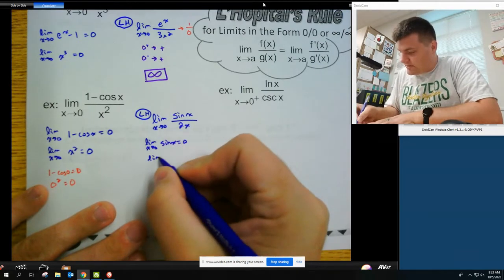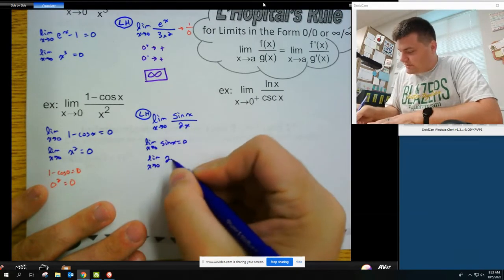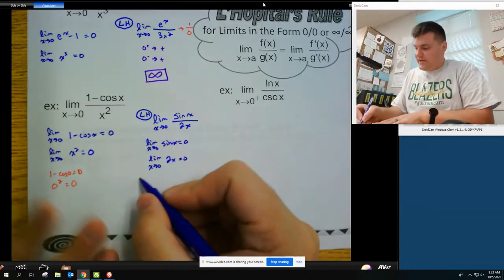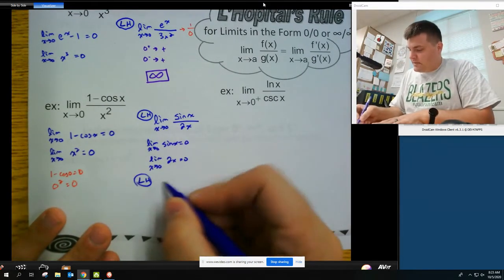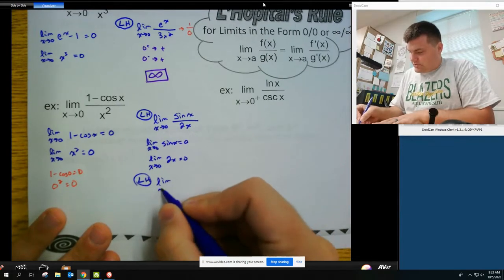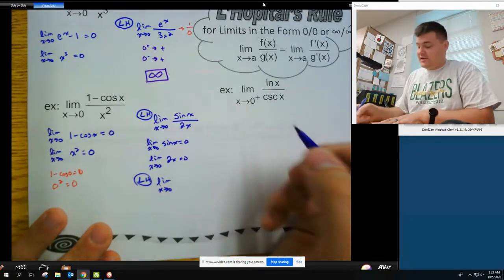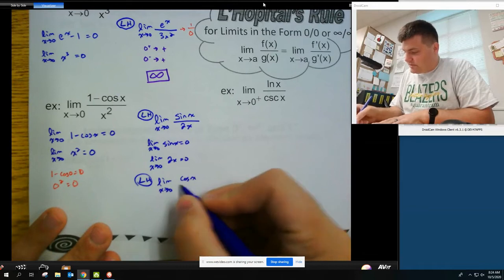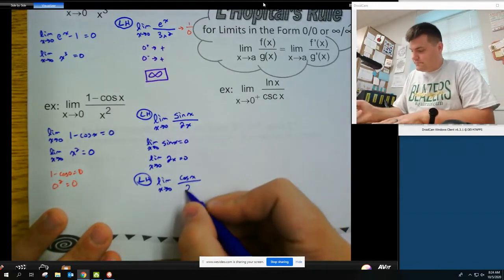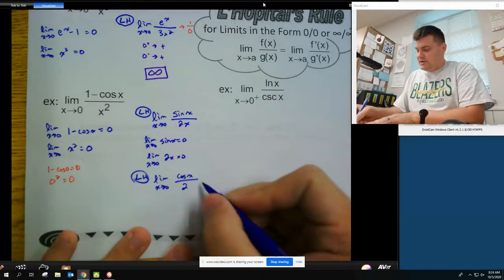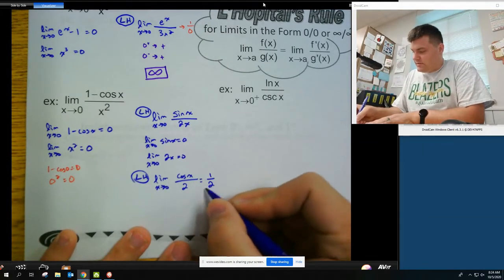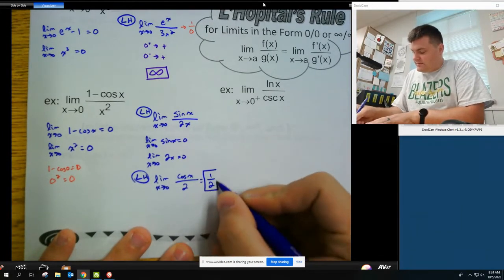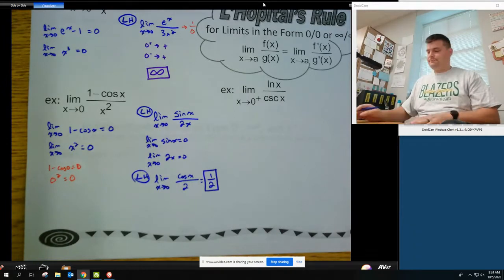The limit as x approaches 0 of 2x is equal to 0, which means I'm capable of L'Hopital-ing it again, which is going to give me the derivative of sine of x, which is cosine of x, all over the derivative of 2x, which is 2. Now, if I just do a straight plug-in, I'm going to get 1/2. And that is my answer.